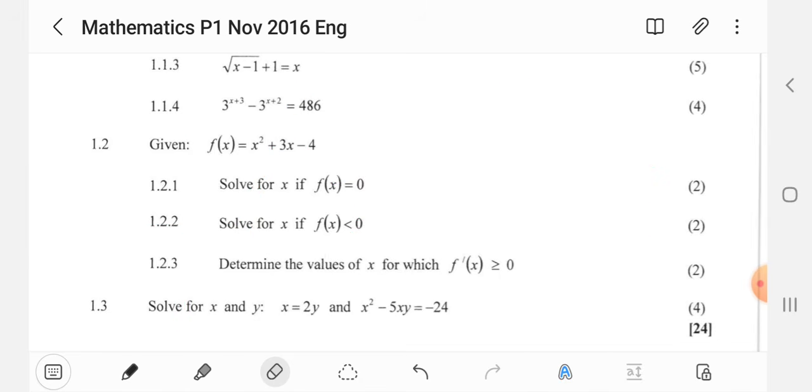So we are at 1.2.3. Determine the x value for which f at x's first derivative is greater than or equal to 0. So we have x squared plus 3x.